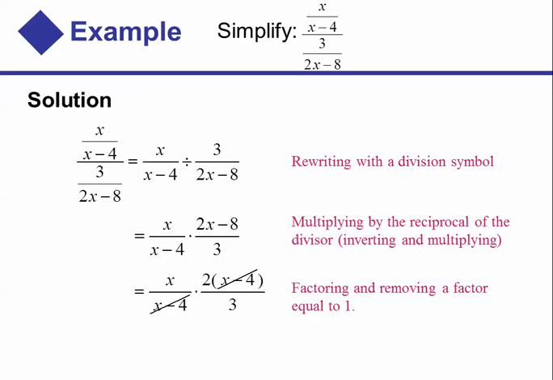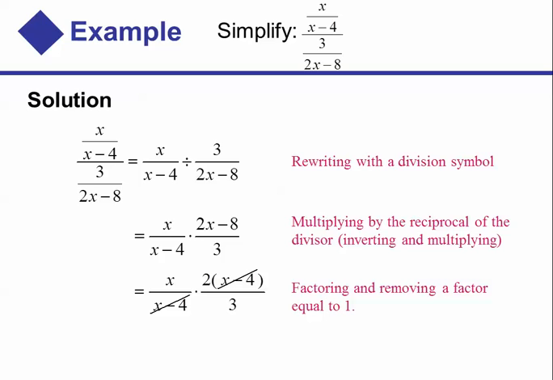And then when we do the multiplication, we're going to factor that 2x minus 8. We're going to factor that 2 out, because then we'll have an x minus 4 in a numerator and an x minus 4 in a denominator. We can go ahead and remove those because that is a factor equal to 1 at that point.